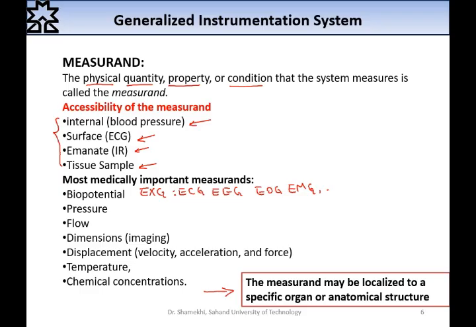In other words, when we are planning to measure a measurand inside our body, we should focus on the location of that recording, and we should design and fabricate a specific sensor to record from a specific organ or anatomical structure.